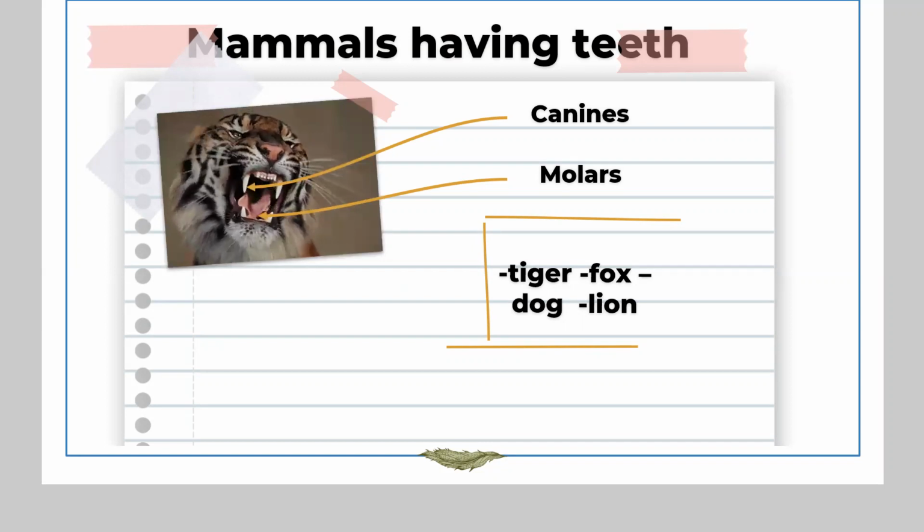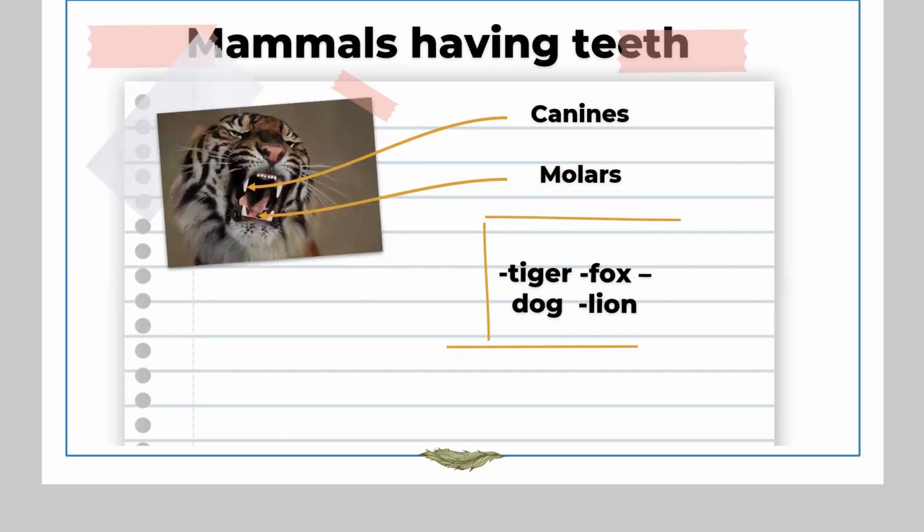So again, mammals that have teeth, like tiger, fox, dog, and lion, have pointed canines, and sharp molars and projections. What is meant by pointed?